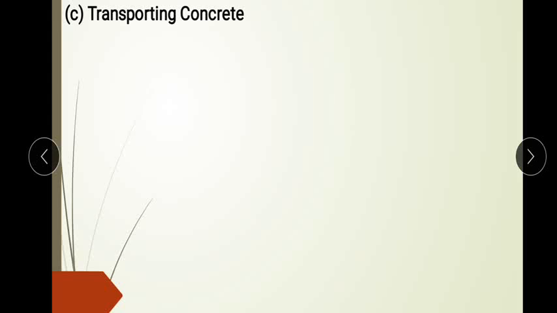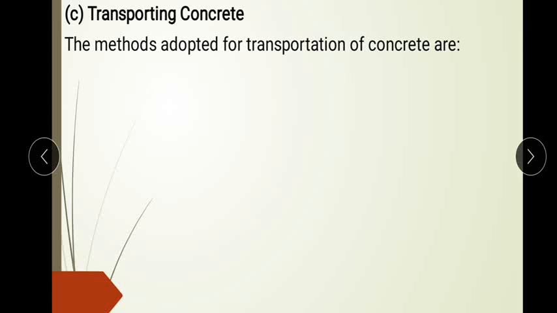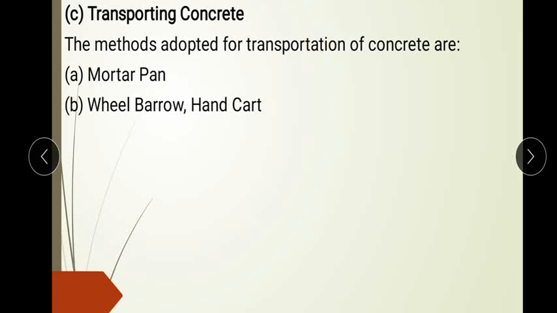Next one is transporting. Not only mixing and batching, even the transportation is one of the problems, getting the concrete from the mixed place to the position where we are placing it. Either we can use motor pans or wheelbarrows. Motor pan means after mixing in a hand mixer, we can transport it through a trolley type of thing.